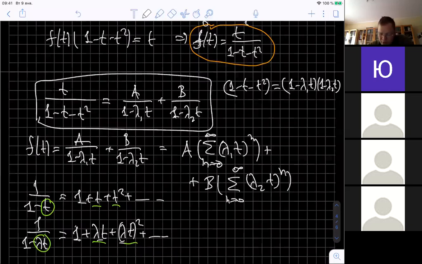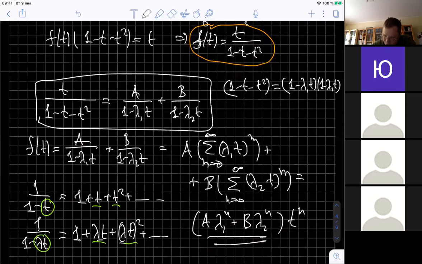So we just proved that the Fibonacci numbers can be expanded as a sum of geometric progressions, because here we have t to the nth power times a lambda 1 to the nth power plus b lambda 2 to the nth power. So here we have another proof that Fibonacci numbers can be expanded as such a sum.